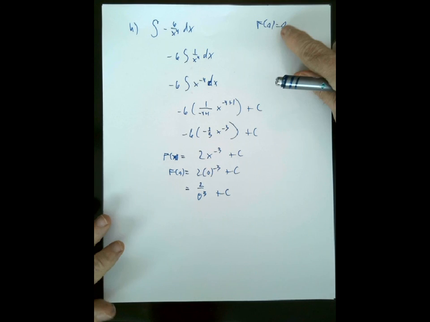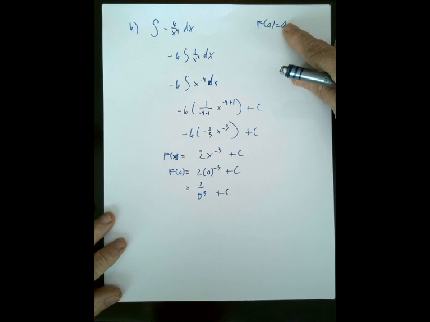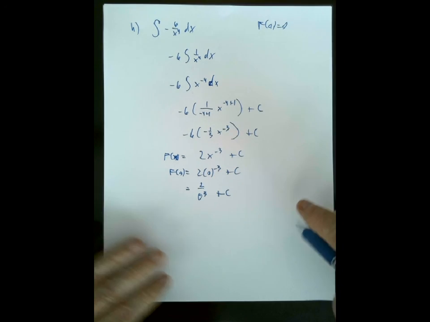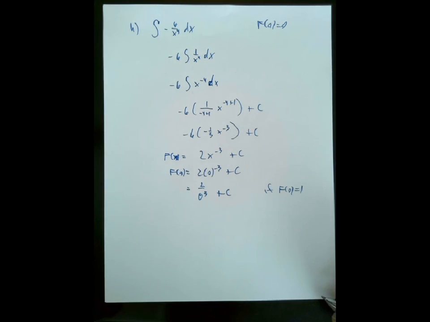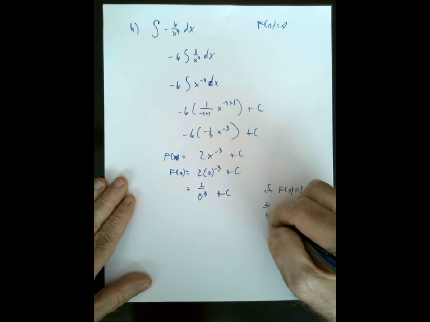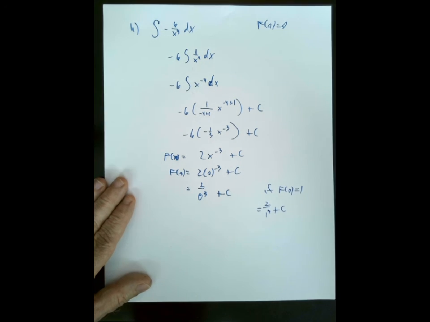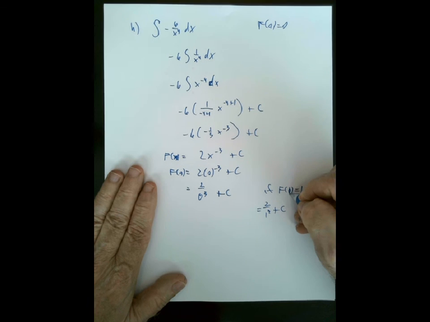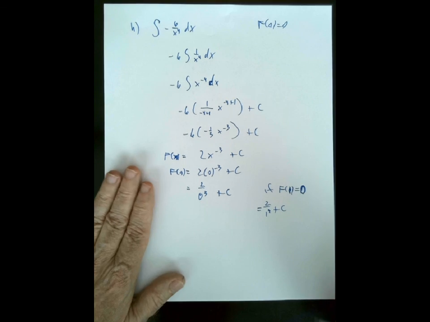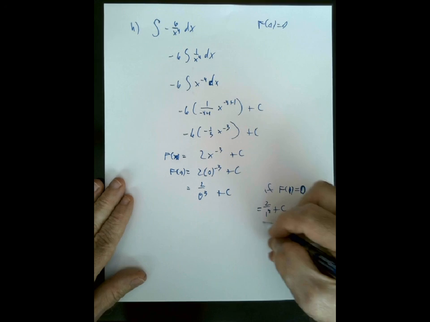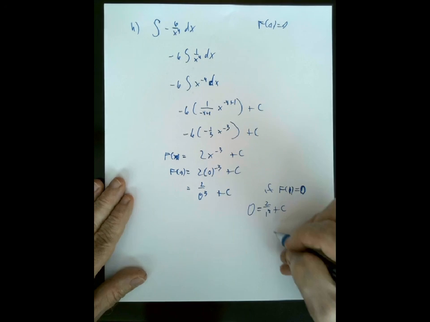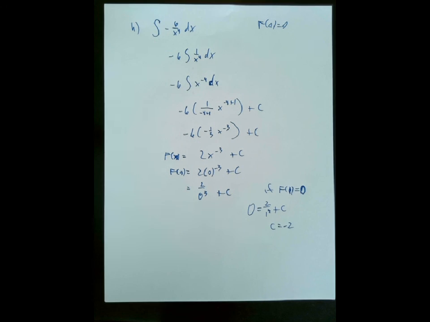Now, if we had specified another initial value, like f of 1 equal to 0, then we could have put a 1 in here: 2 over 1 cubed plus c equals 0. We're going to get c equal to negative 2 when we finish solving for c there, right?